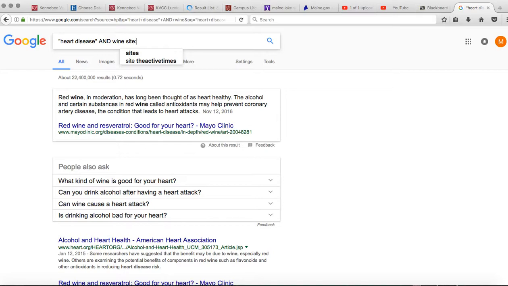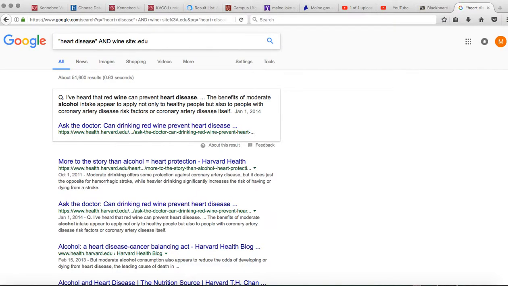The first thing we can do is limit this to .edu websites, for instance, and it's just going to look at academic websites. So let's see what happens there. We've got 22 million to start. Okay, and that brings it down to 51,600. So of all those search returns that included nonprofit organizations, and might even include for-profit organizations, now we've got it limited down to .edu websites.